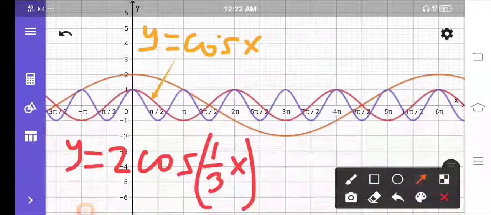So this is the second graph, the bigger or wider graph, or a graph with a wider period, or the graph that tends to stretch horizontally.